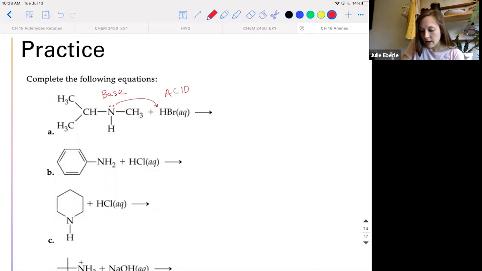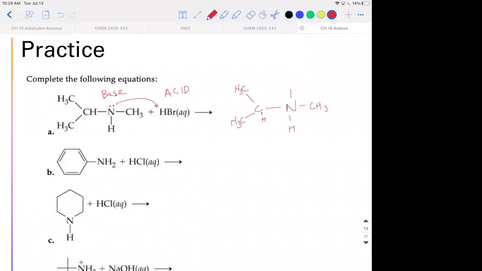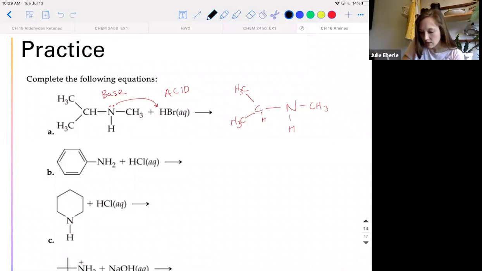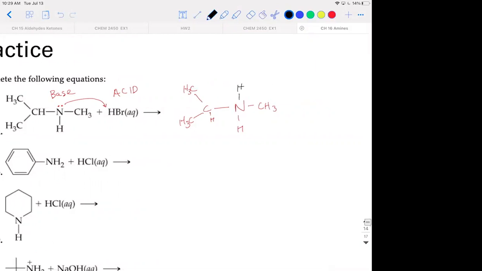So now we're going to have the same, this is our isopropyl group. This doesn't change. And there's the hydrogen on that carbon. And then this is the nitrogen. There's the methyl group. And now we get this hydrogen. I'm going to draw it in black, actually. This new hydrogen bonded up here. That was from HBr. And what else should we draw on this amine compound now?